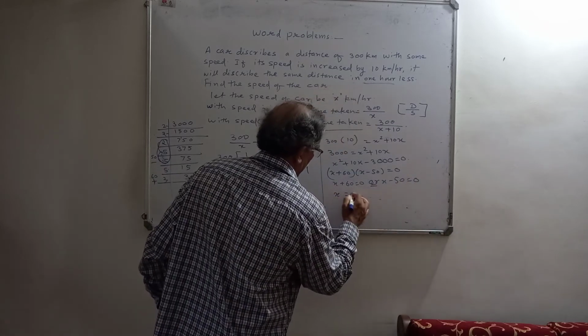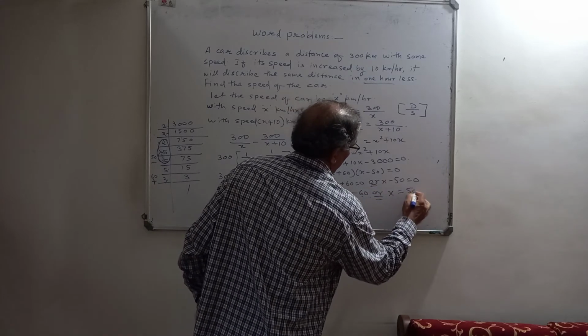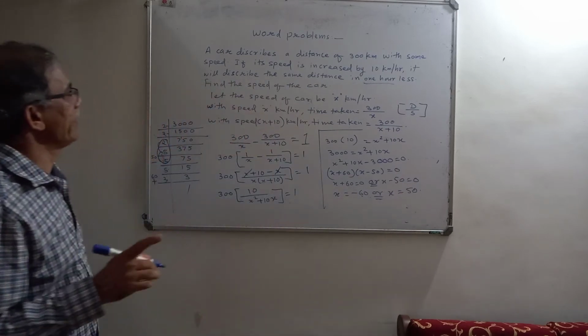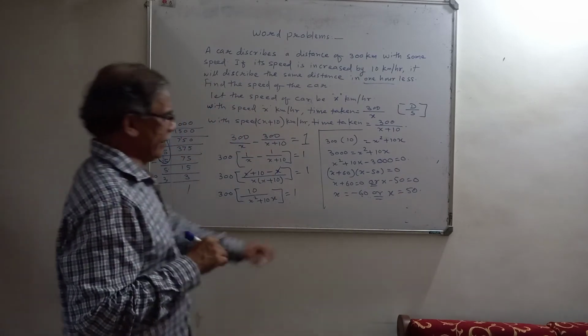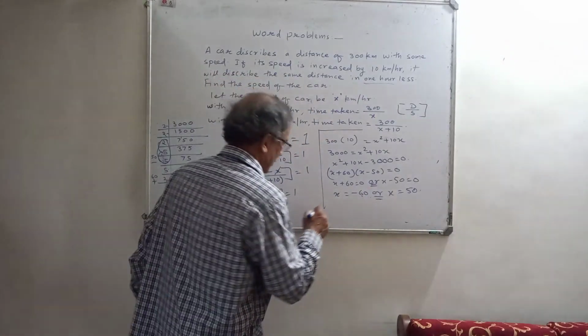So x is equal to minus 60 or x is equal to 50. Now what are we finding? We are finding the speed of the car. Now speed cannot be negative. Minus 60 is discarded. That we have to write.